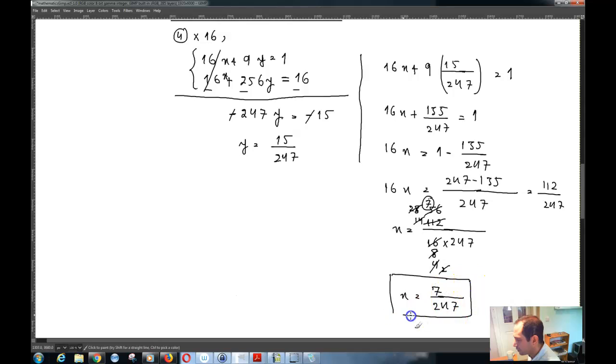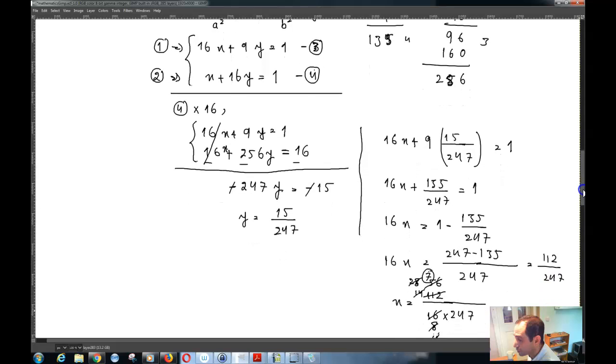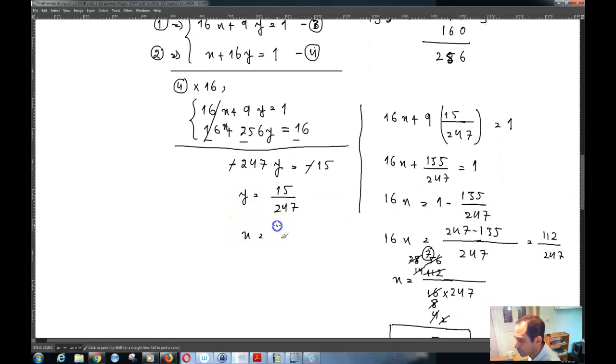So now I have the values of x and y. x is equal to 7 by 247.